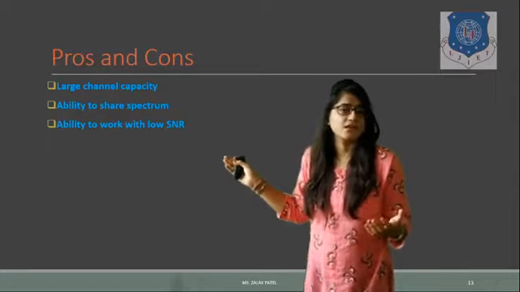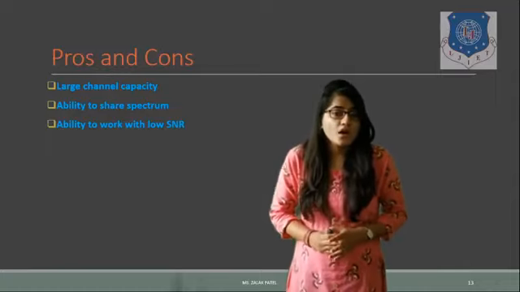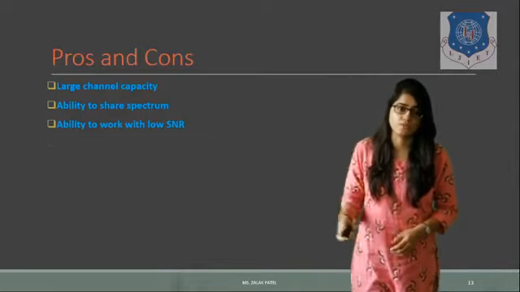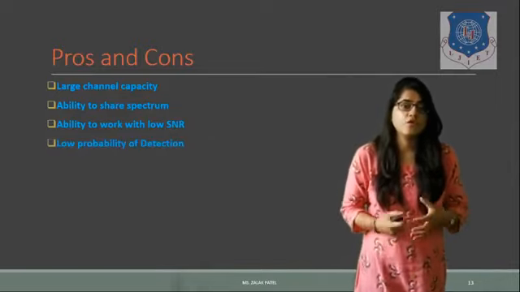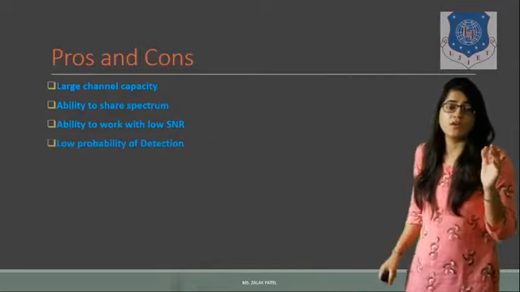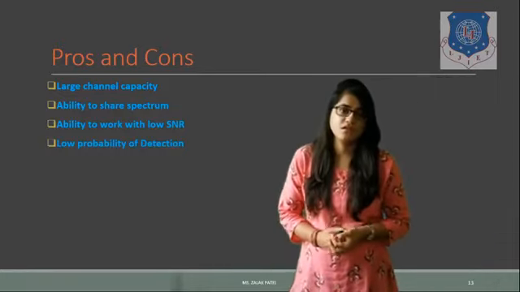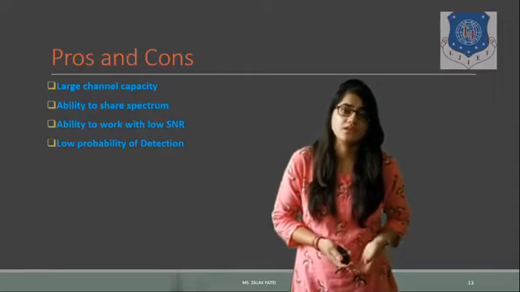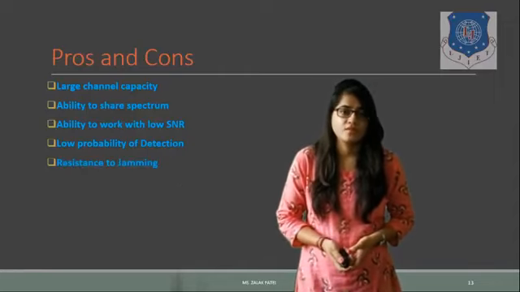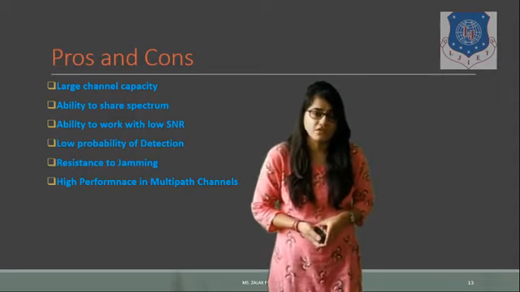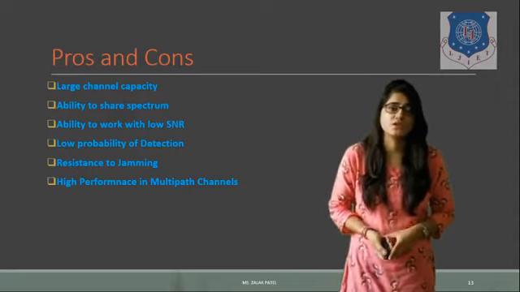So we can say that it has the ability to work with a low level of signal to noise ratio also. Next is low probability of detection, meaning if there is any error generated, that can also be solved by using this type of technology. Then resistance to frequency jamming, and that's why it is used for the frequency modulation and in-phase modulation.